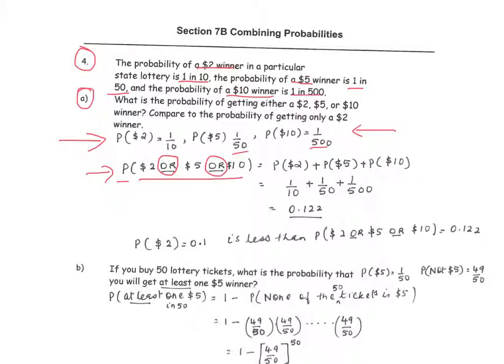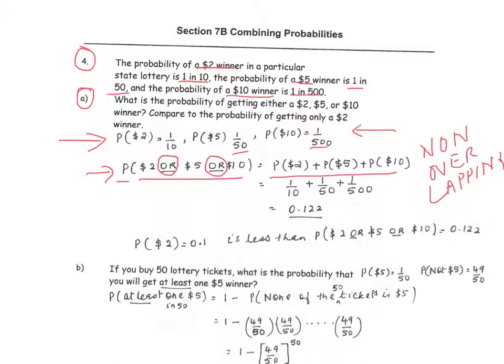You cannot win all three or even two at a time on the same ticket. So they are non-overlapping events. So that's the important thing, non-overlapping. So that tells us that we need to use this addition rule where we simply add all the probabilities.